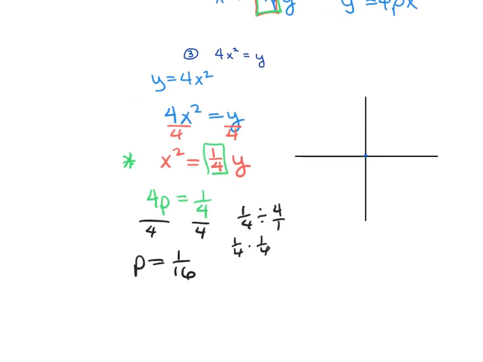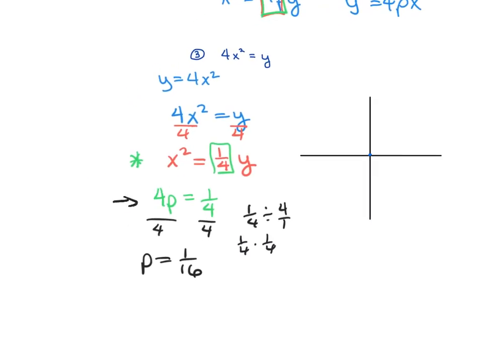Now another thing you can do when you're solving this green equation, you could also solve it as if it's a proportion. Put a 1 under the 4p and cross multiply and divide. So you would get 16p equals 1, divide by 16, p equals 1/16.